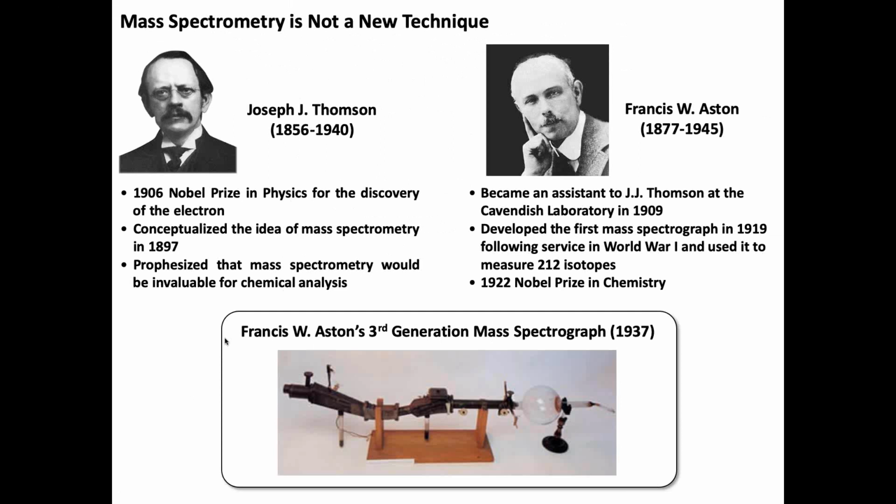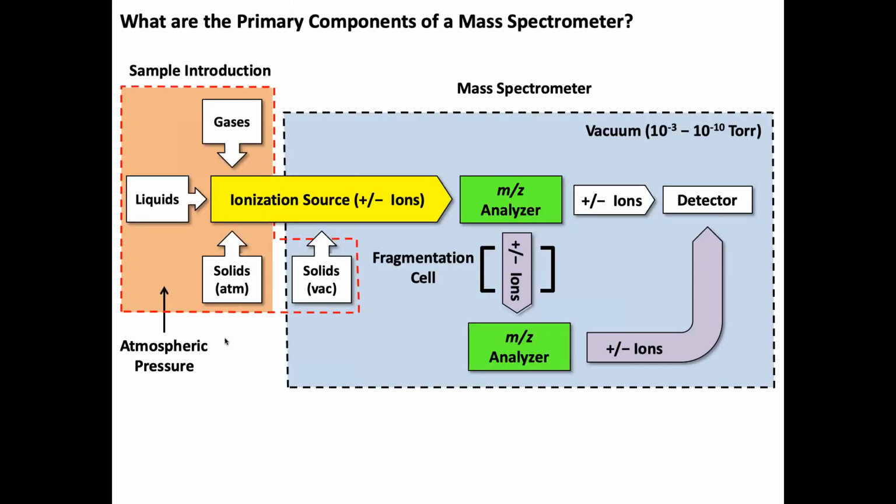Between these two, this is really the birth of mass spectrometry, and this set in motion a lot of the techniques that we now have available to us. The bottom figure is one of Aston's third generation mass specs, and there are still some key elements to this mass spec that are relevant today. We'll talk about that on the next slide.